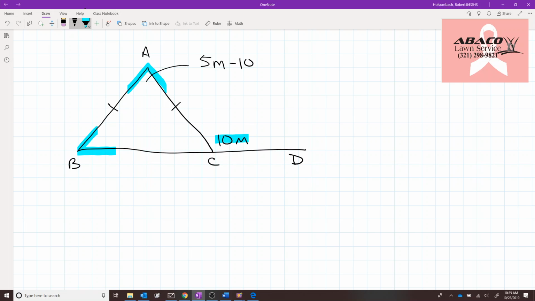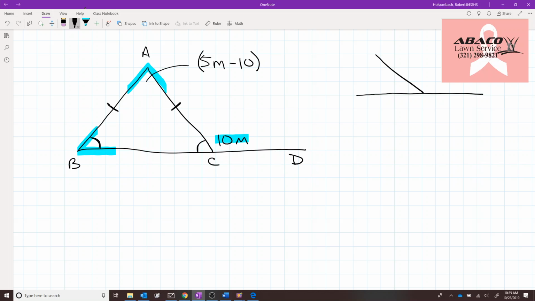Now there's some things missing in this problem. Number one is that if these two sides are the same, this is an isosceles triangle, then these two angles are the same. These base angles are congruent. Now, if the 10M equals angle B plus angle A, and angle A is represented by 5M minus 10, you need an expression for angle B in order to solve for M. So you got to draw back on what you learned about a linear pair.